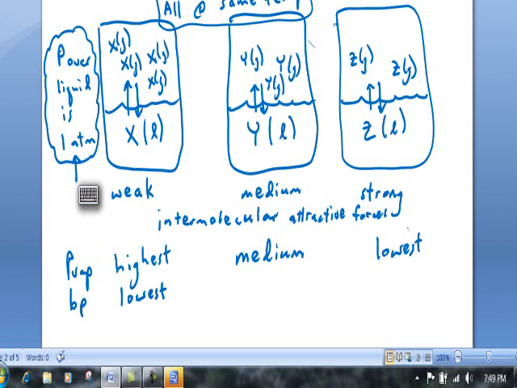The compound that has the lowest vapor pressure, because it has the strongest intermolecular attractive forces, would be the liquid that has the highest boiling point. The medium attractive forces would give us a medium temperature for a boiling point.